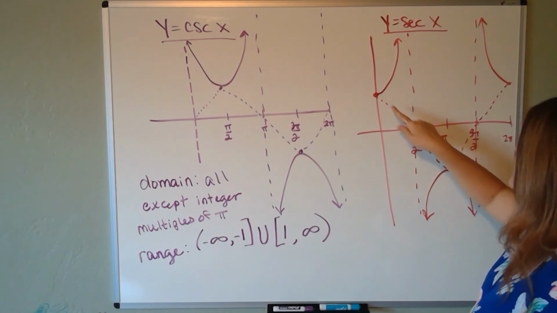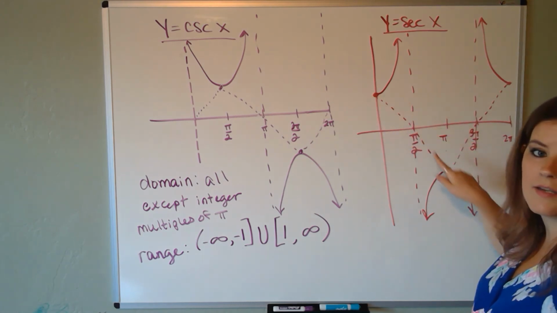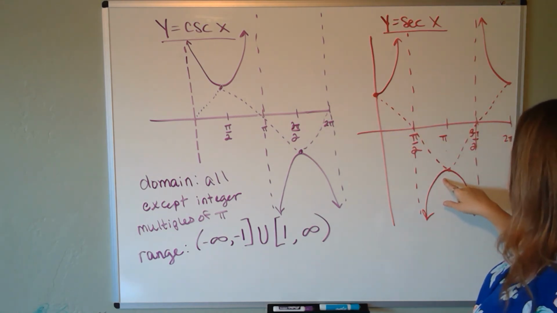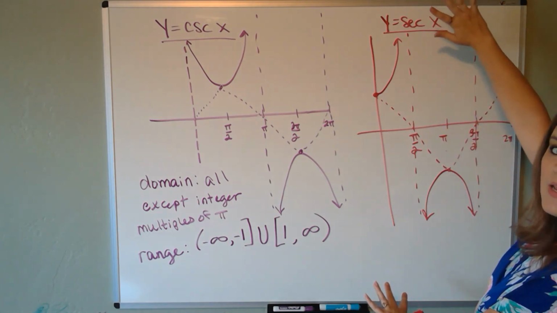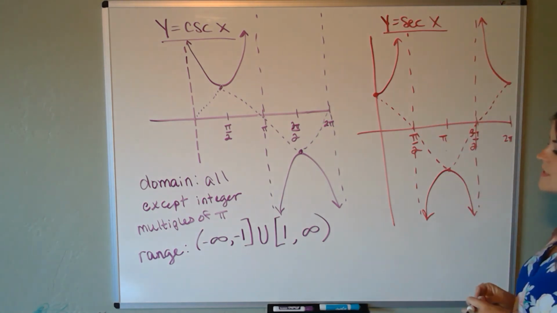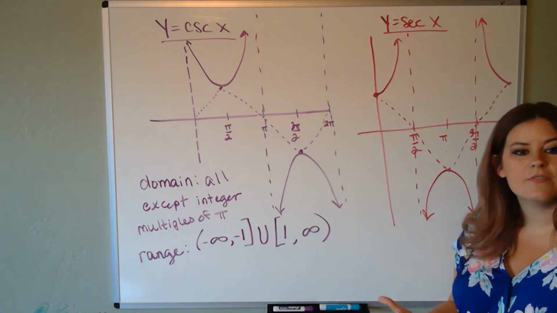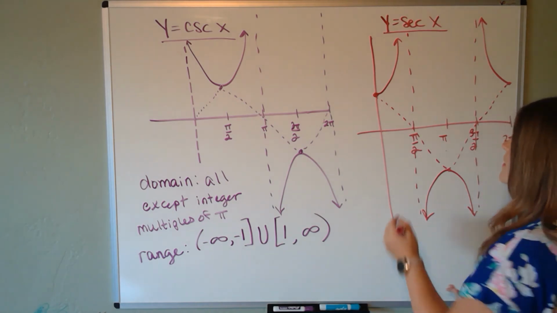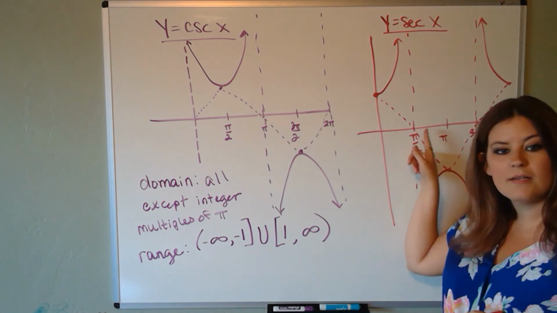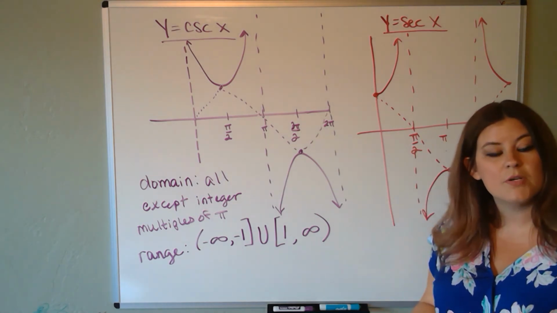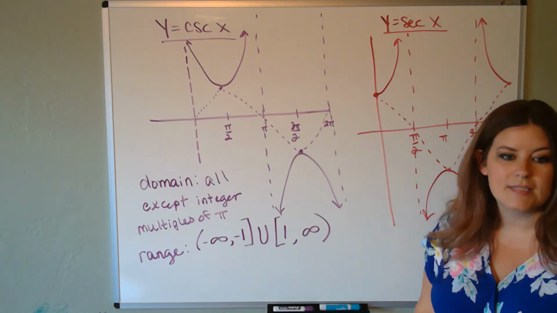You can see where they have values in common, but everywhere cosine is, secant takes up the rest. Where is secant undefined? So what do I have to exclude from my domain? It's the pi over 2's this time. It's places where cosine equals 0, so when I flip it over to get secant, it doesn't exist.